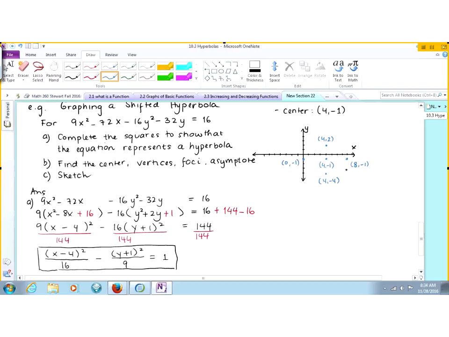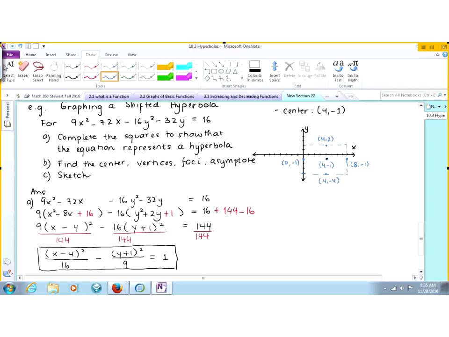All right. Then I will draw an ellipse or what? A rectangle, because I need to draw the asymptotes, right? Okay. Now, how do I draw the asymptotes?